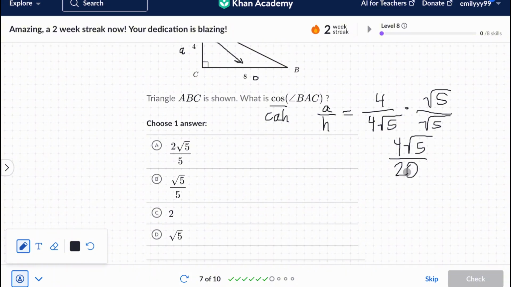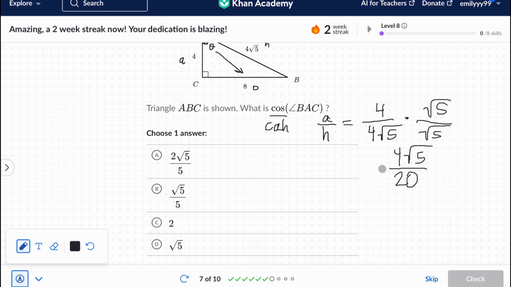Then we can simplify this fraction, because 20 and 4 are both divisible by 4, so 20 divided by 4 is 5, so it should be square root of 5 over 5. So it's going to be B.